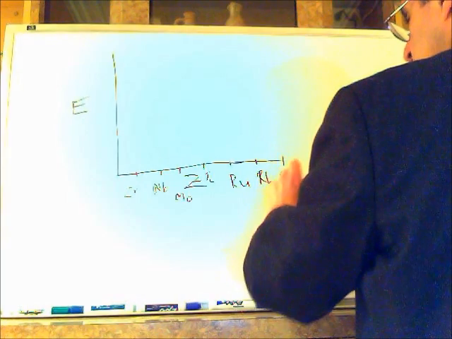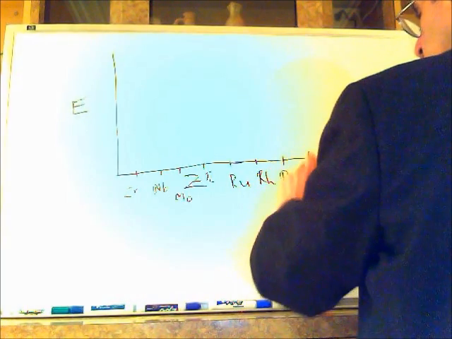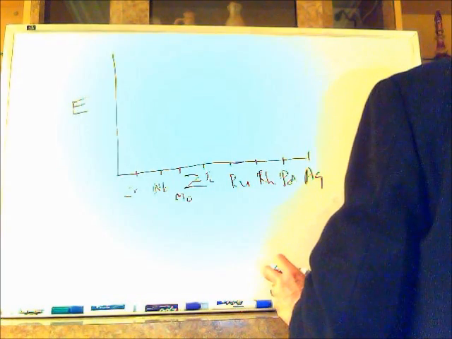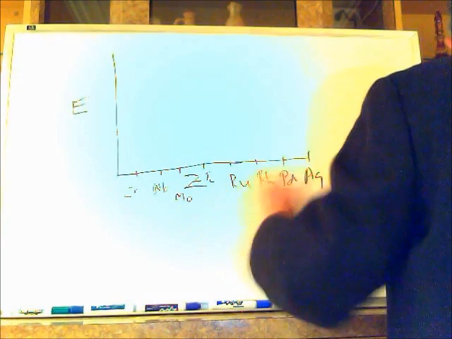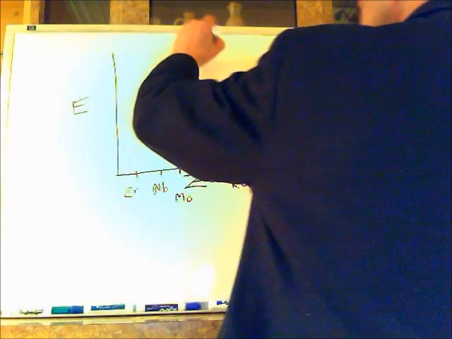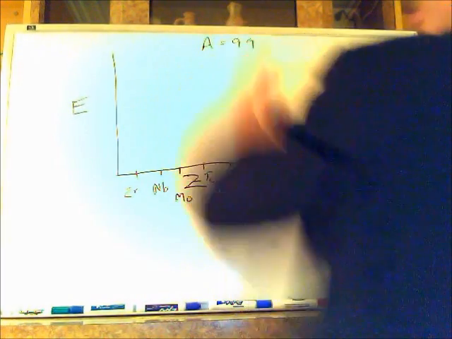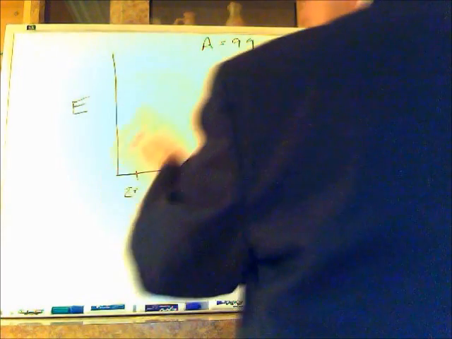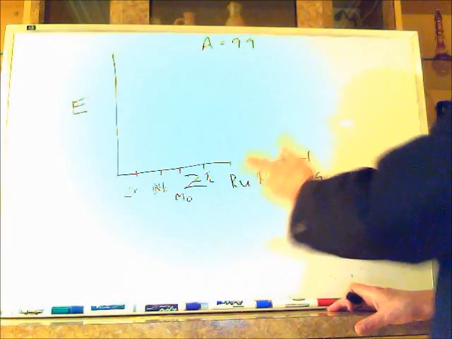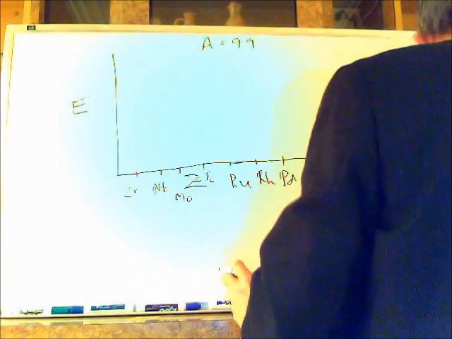So these are all of the isobars in that range for A equals 99. Zirconium-99, niobium-99, molybdenum-99, technetium-99, ruthenium, the stable one, and so on.